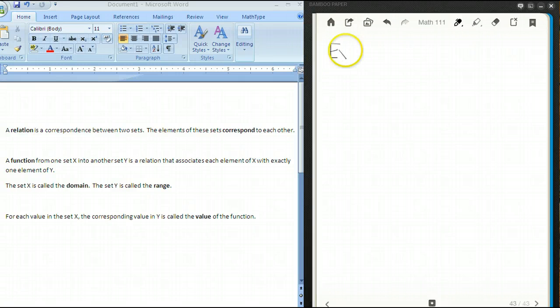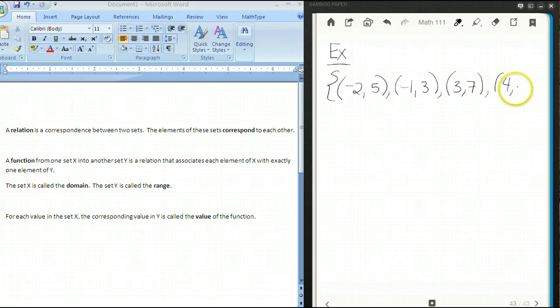I'm going to give you a list of ordered pairs, a set of ordered pairs here. Let's determine if this relation is a function. I'll get a color here just in case we need one.